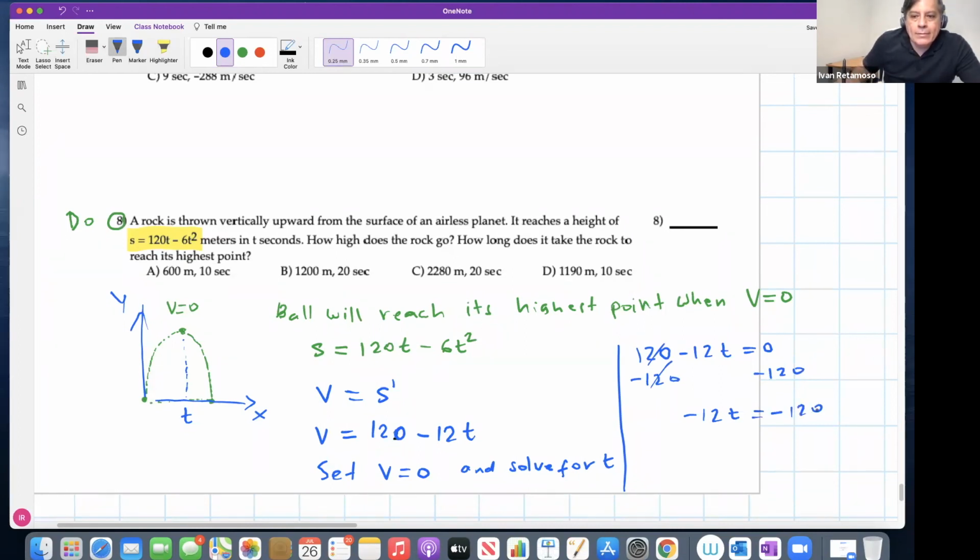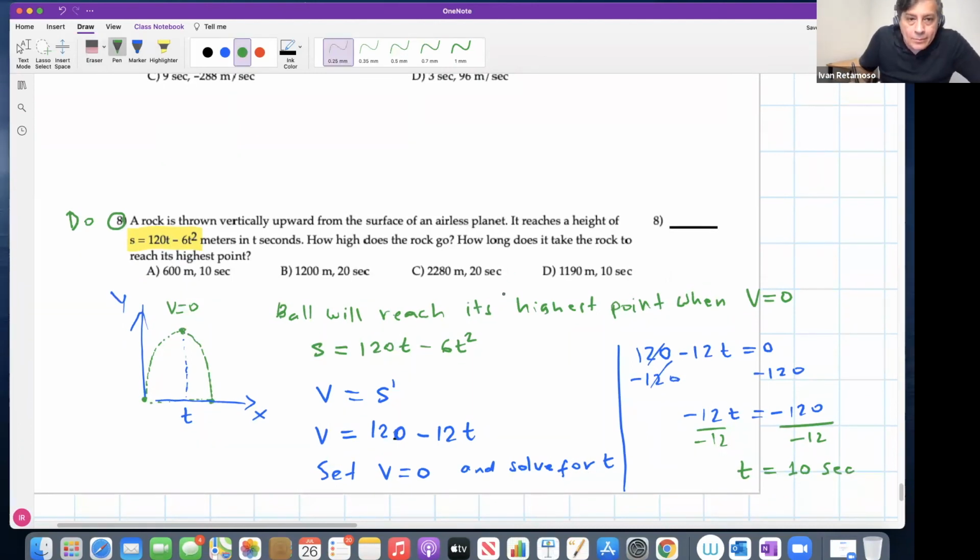Dividing both sides of this equation by -12, we are gonna get that this will happen at t equals, look, positive, 12 into 120, 10, right, 10. After 10 seconds, the ball will reach its maximum height, right? It will be here, just 10 seconds.